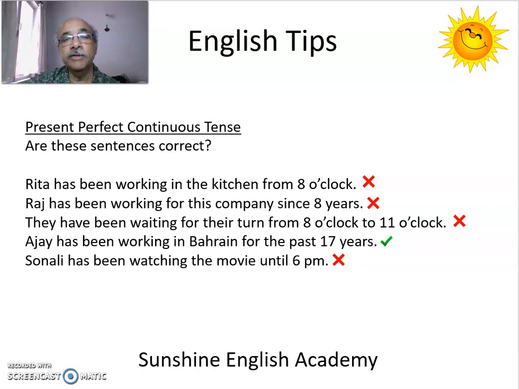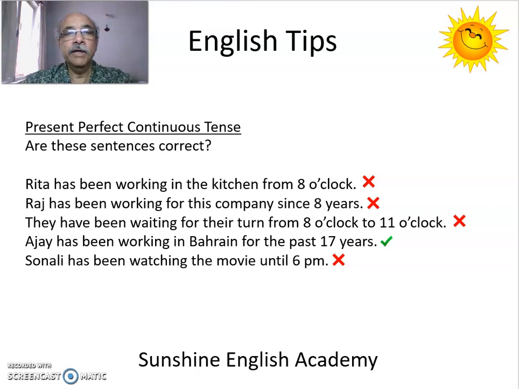We use the preposition since when we mention the time or the date when the action started. If we use the preposition from, then we also have to use the preposition to in the same sentence. For example, from 8 o'clock to 9 o'clock.